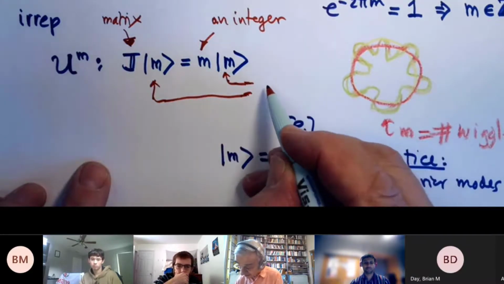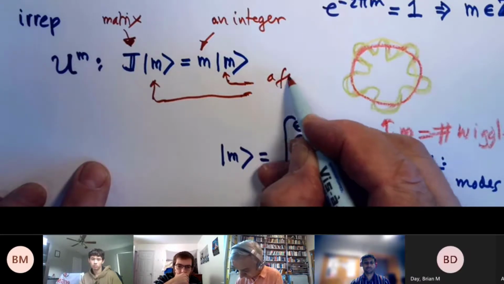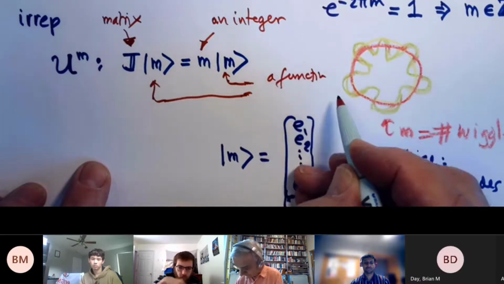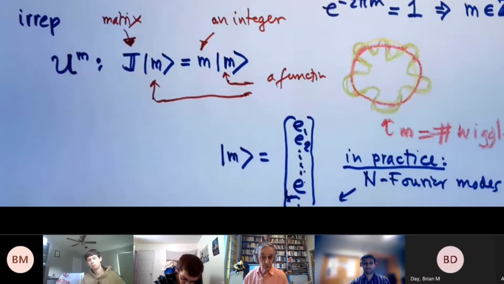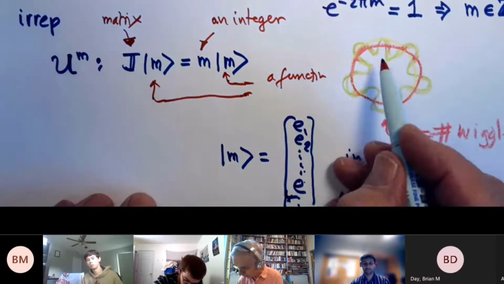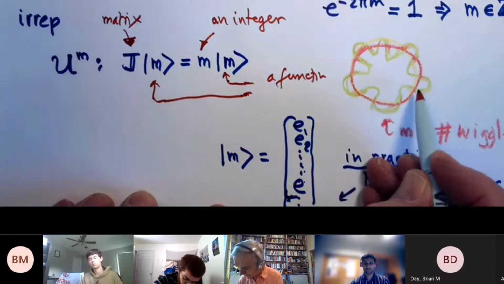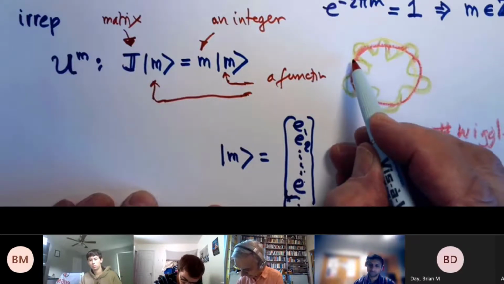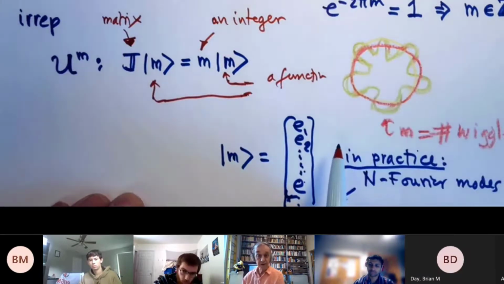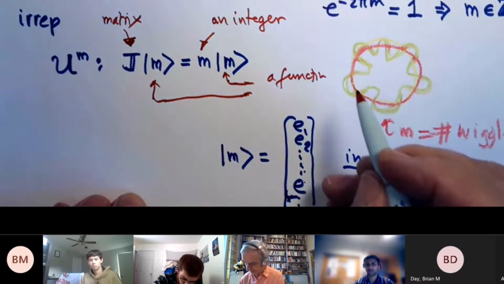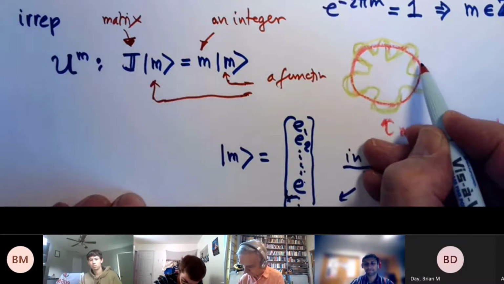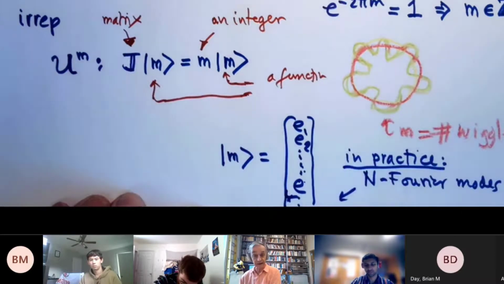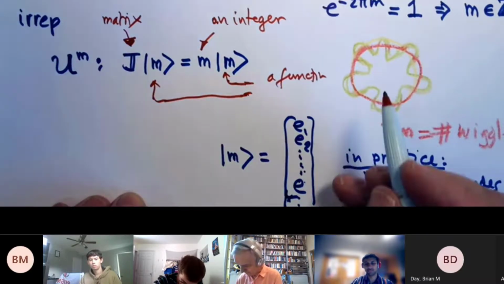This is a function, and it depends on what coordinates you represent it in. When I drew this picture, I really meant there was a circle, a configuration coordinate, and a function of the point on the circle, a continuous parameter like x, but called phi.